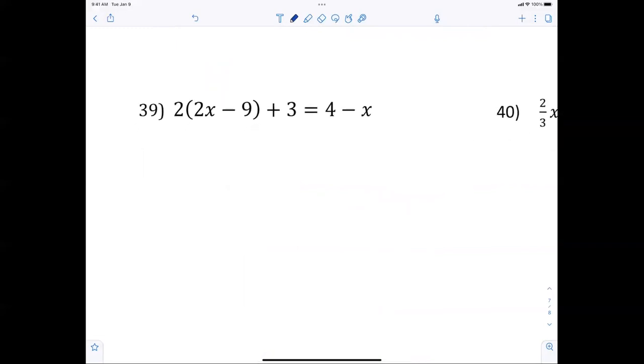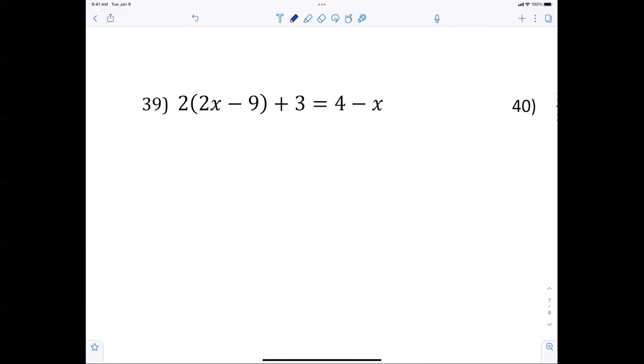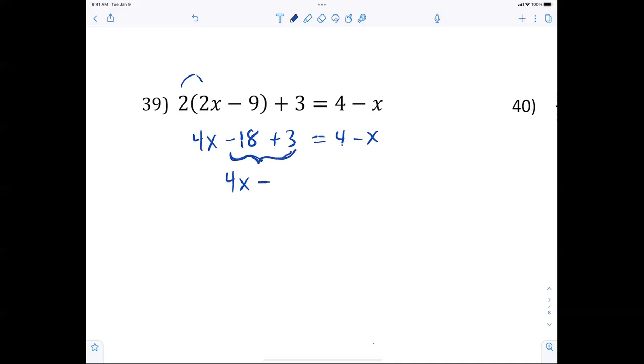I need help with 39. Go ahead, Mr. Cappy. 2 times 4x minus 9, minus 18, plus 3, plus 4, minus x. Now what? Combine terms. What's this? 21. Oh, negative 50. Now you subtract or add that 19.